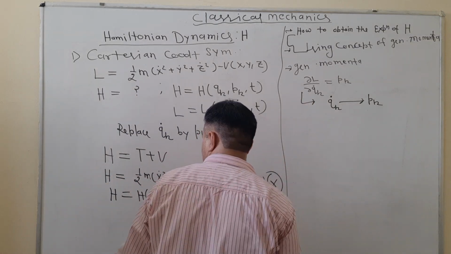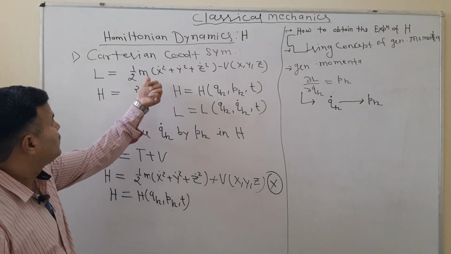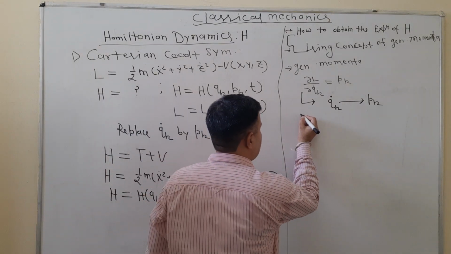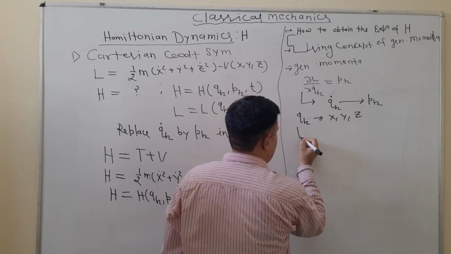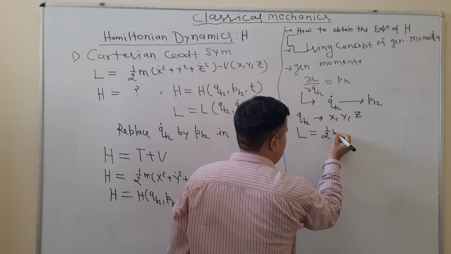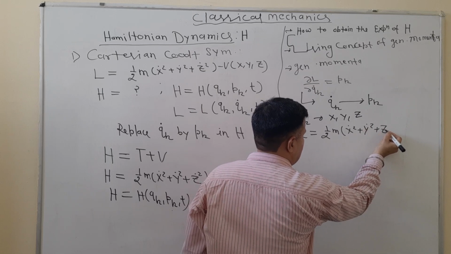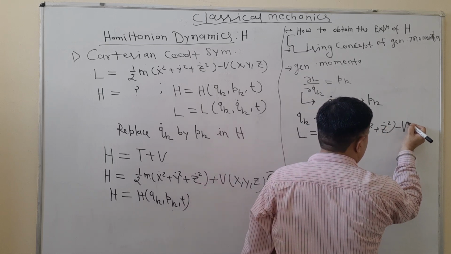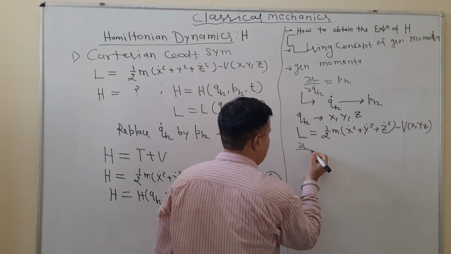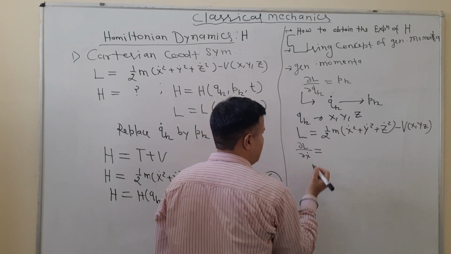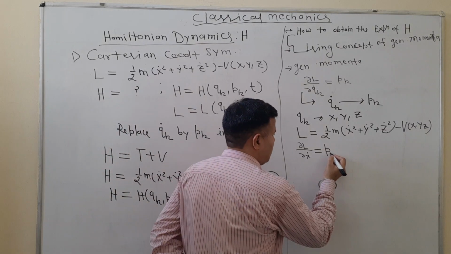So what is del L upon del qk dot? This is our Lagrangian, and qk in this case is x, y and z, and L is simply 1/2 m (x dot square plus y dot square plus z dot square) minus V of x, y and z. So del L upon del x dot is the generalized momentum corresponding to the x coordinate, which is px.